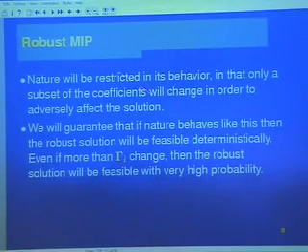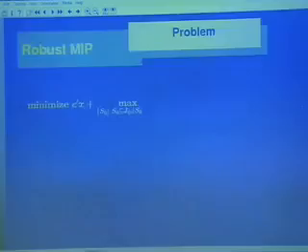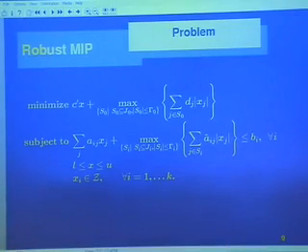So this summarizes exactly what I said: nature will be restricted in its behavior, in that only a subset of the coefficients will change in order to adversely affect the solution. So what is the problem that we would like to solve? We would like to minimize Cx. This is the nominal.